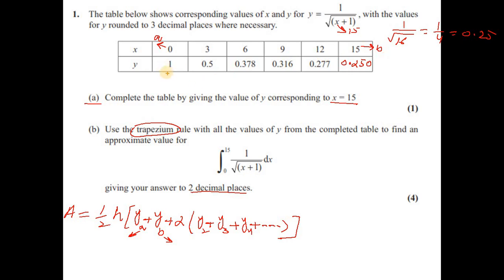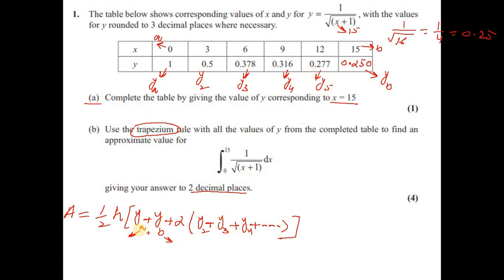So this value of y you can call y1, or if you wish you can call it ya, and this is your value of yb, and the rest of the intermediate values you can name y2, y3, y4, and then y5.